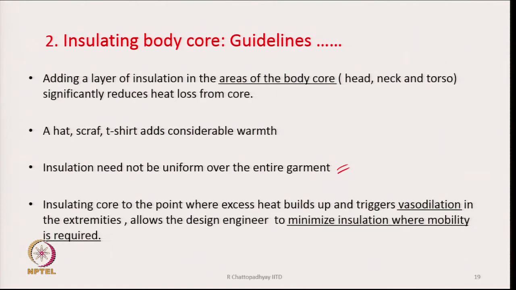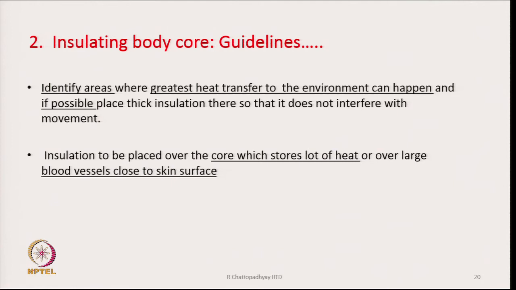So the fabric, or the layers of fabric, or the thickness of the fabric that you require in those regions may be a little thinner than what we require near the torso, and that is also going to help in terms of mobility of these limbs. Another important thing is to identify areas where the greatest heat transfer to the environment can happen, and if possible place thick insulation there, so that it does not interfere with the movement.